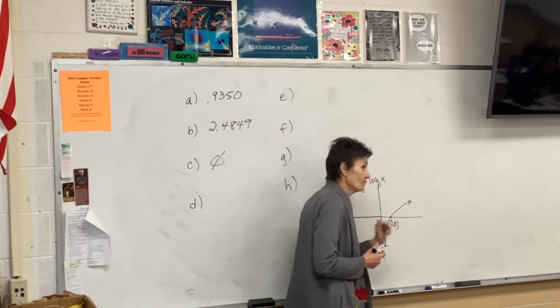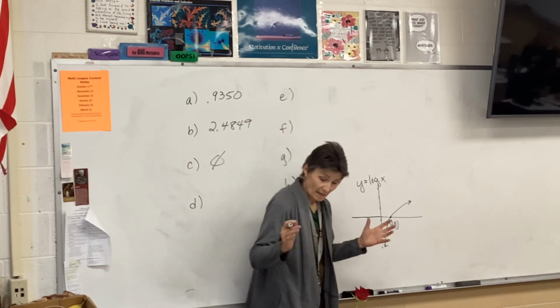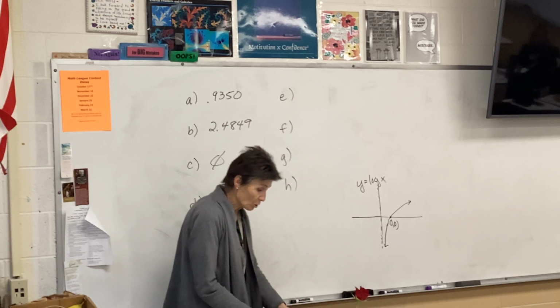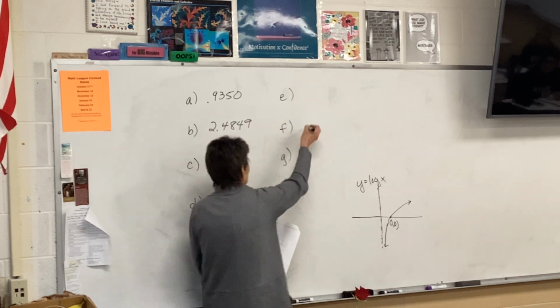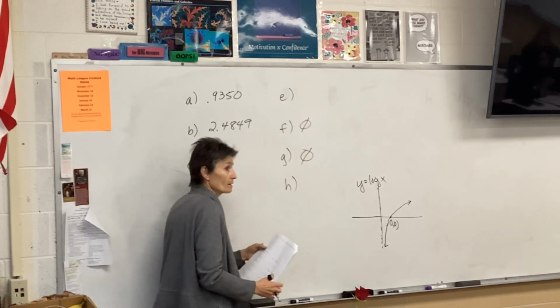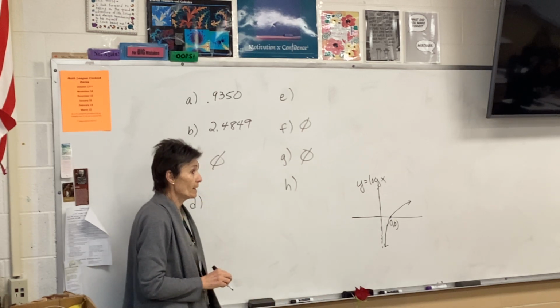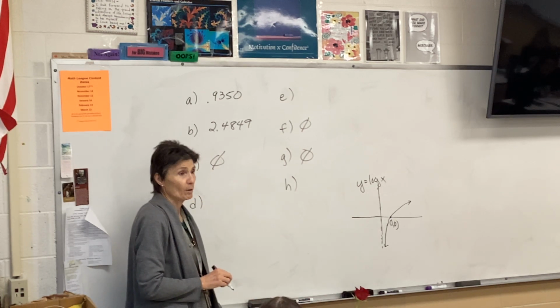X is positive. There are no X's over here. You can't do it. So that's why there's no answer to that one. Which, by the way, means there's no answer to F or G. You weren't doing it wrong. Your calculator isn't screwed up. You simply can't do that problem.